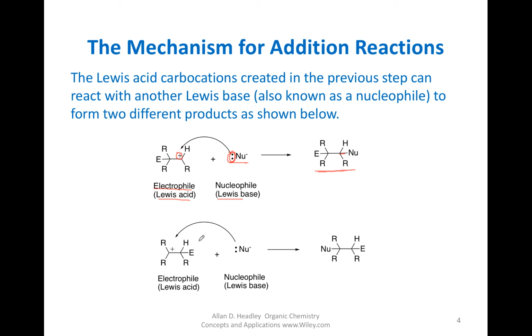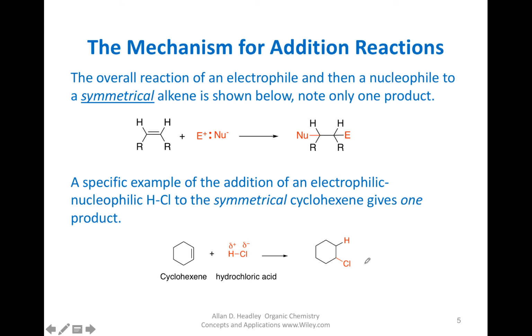There's another product though, because there is another carbocation that was generated from the initial reaction. So this nucleophile will react with the electrophile to form a new bond right here, and that's a neutral molecule, so that is another product. So the summary here of the mechanism, this two-step mechanism, is if you have a symmetrical alkene, such as this one, notice it's symmetrical because here's your line of symmetry right here.